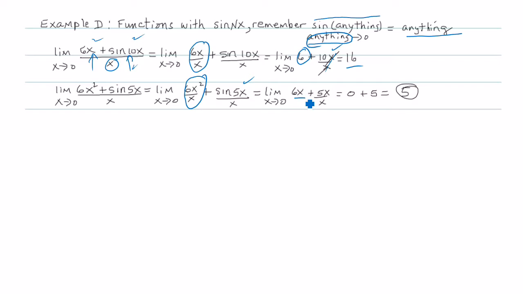This is equal to 6x. And then you have, as 5x approaches 0, sine of 5x equals 5x. And now, as x approaches 0, you get 0. The x's cancel, and you get 5, so the limit is 5.